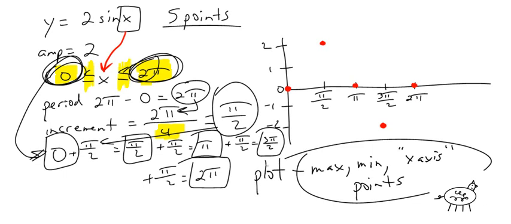Okay, maximum points, minimum points, and x-axis points. That's all. So that's why you have 5 points here. And then once you plot those points, here's your graph. Okay, stop there. And then draw another arc going like that. And there you go. There's your graph. That's y equals 2 sine of x. Amplitude of 2, period of 2 pi, and we're good to go. All right, that's pretty easy.